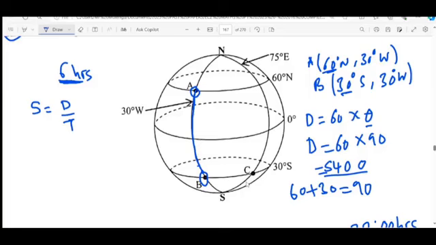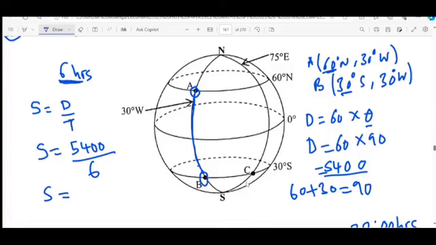Now we come back to our formula where we say speed is equal to the distance, 5,400, over the time, 6. So there you just need to divide. Can 6 go into 54 without giving a remainder?